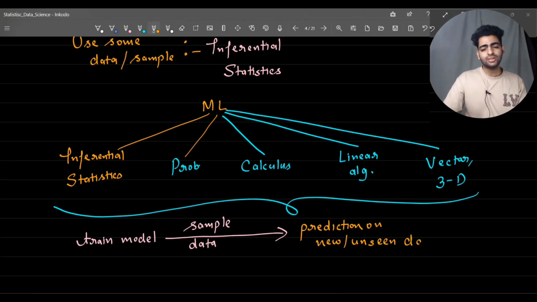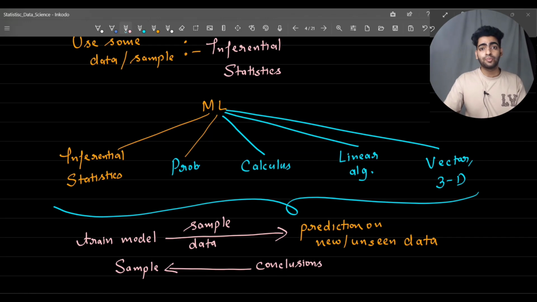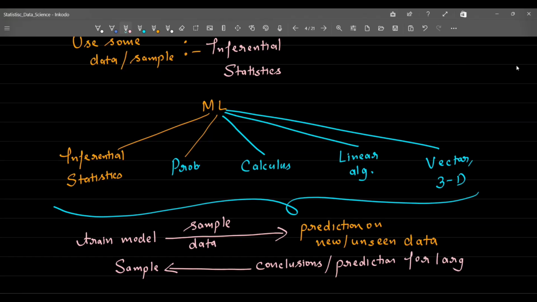That's the use of inferential statistics, because using a sample of data, we are trying to make conclusions or predictions about some larger or unseen data. So that's all about inferential and descriptive statistics.